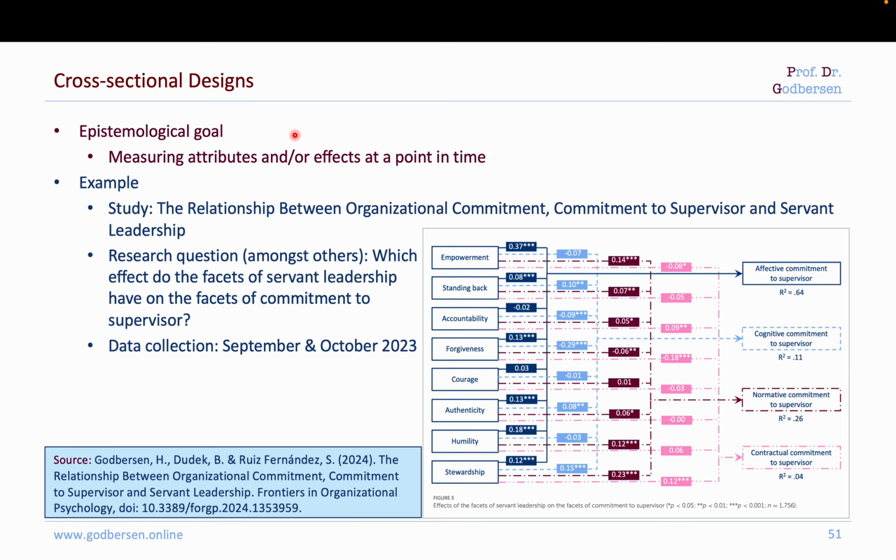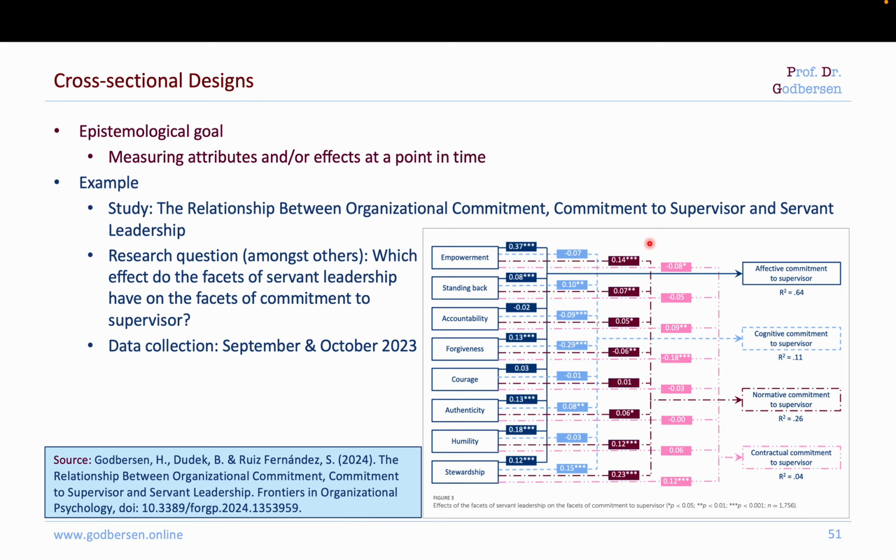And again, 2 co-authors. The study is about the relationships between organizational commitment to supervisor and servant leadership. Amongst others, we asked ourselves which effect the facets of servant leadership have on the facets of commitment to supervisor. We collected data once in autumn 2023, and here you can see the results.